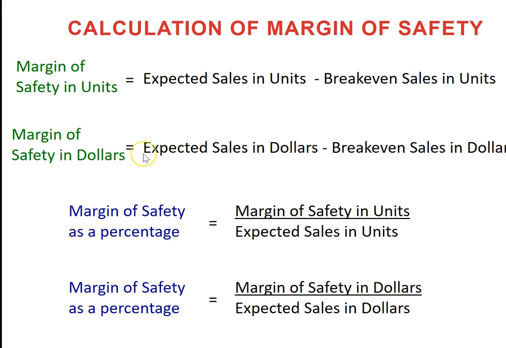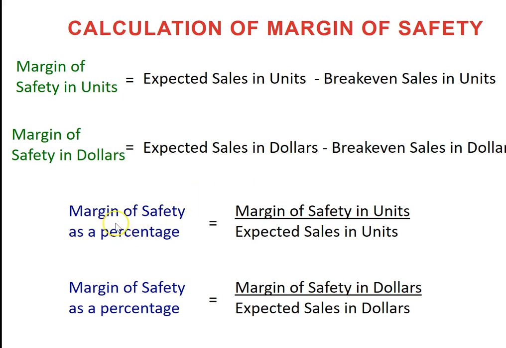The same thing you could do using dollar value. You use your expected sales in dollars and your break-even sales in dollars. That means how much extra sales you are making, how safe you are, what is your margin of safety in dollars. So these are the extra expected sales on top of your break-even sales.